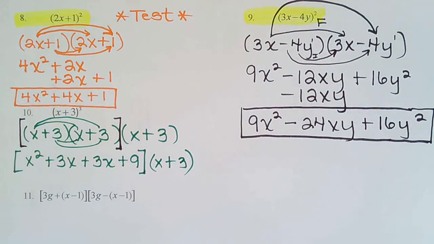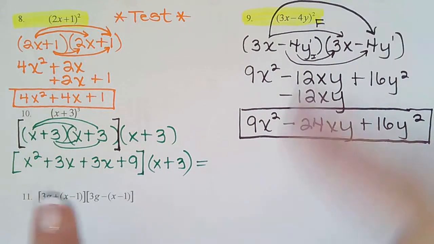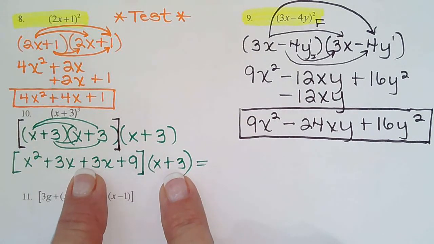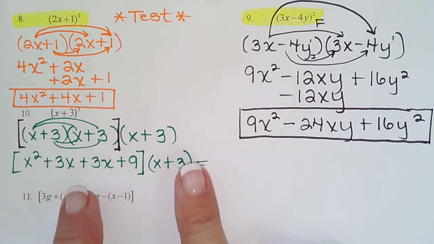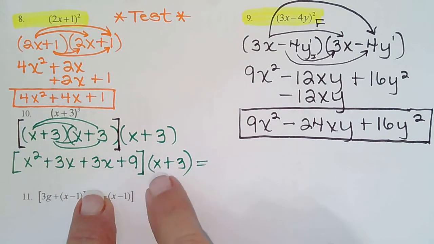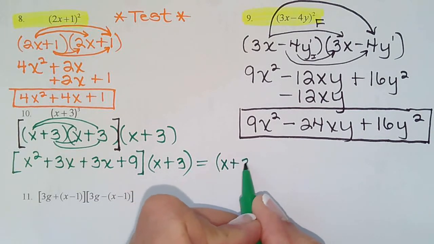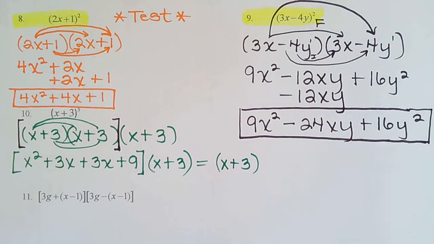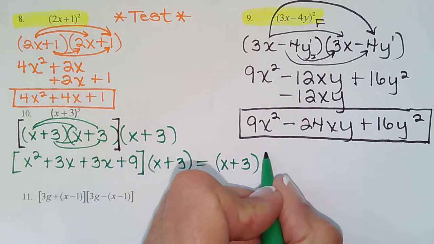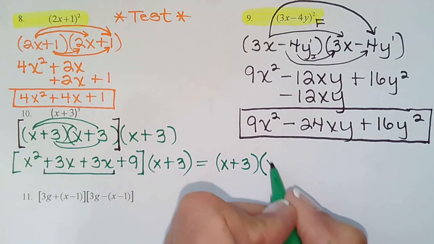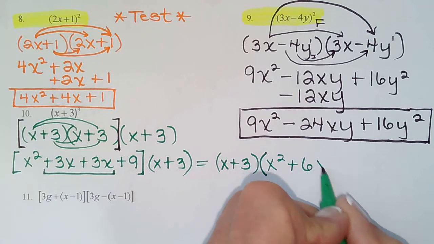So what I'm going to do on this is, do you guys remember A times B equals B times A? 3 times 4 is the same thing as 4 times 3. Order doesn't matter in multiplication. So I like having my smaller polynomial first. So I'm going to put that first, and then behind it, I'm going to write what I get here, which would be x squared plus 6x plus 9.